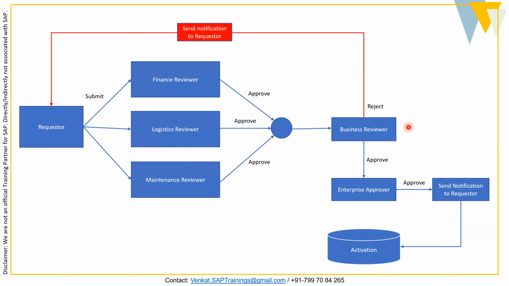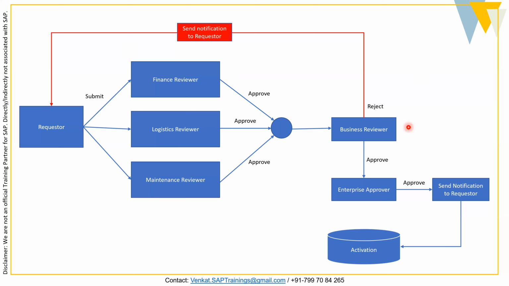Based on their approval status, we will merge the approvals into a single step to determine if we have to proceed further or go back to the requester, that is, if the step is approved or rejected. If rejected, we go back to the requester. If approved, we send the CR to the business reviewer.